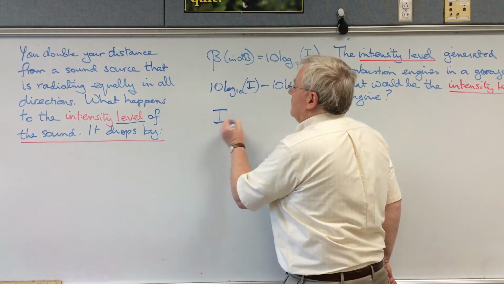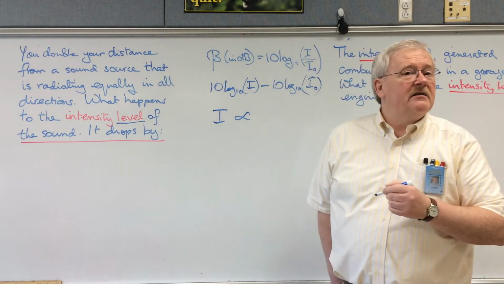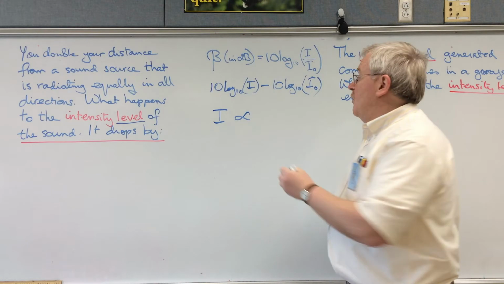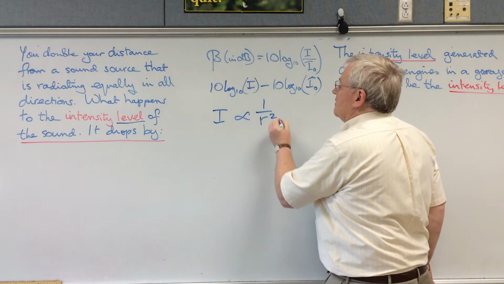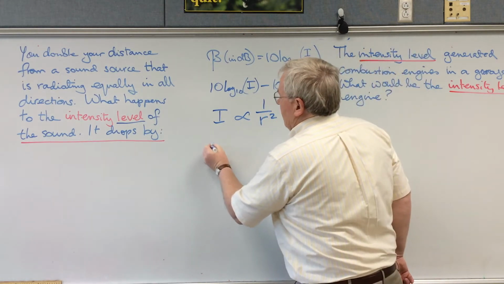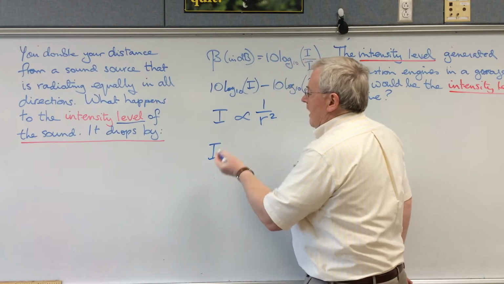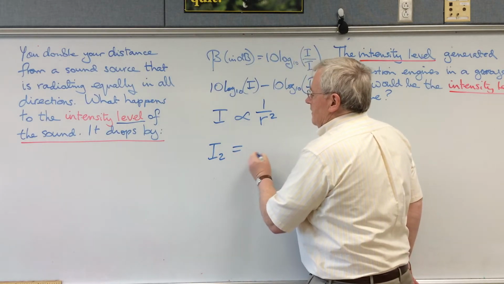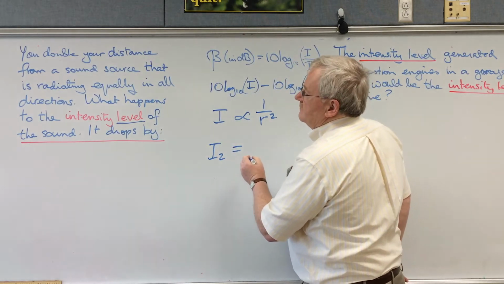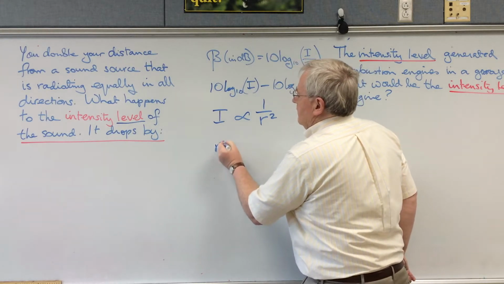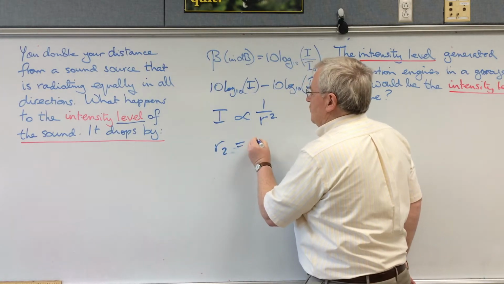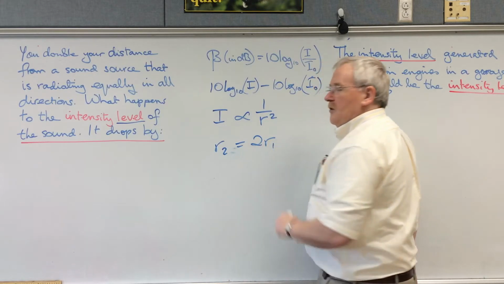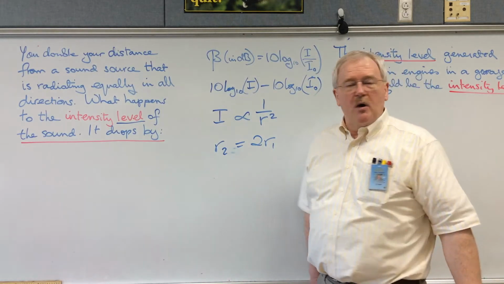We know that intensity follows an inverse square law, 1 over r squared. We know that our second distance is equal to double the first distance, R2 equals 2R1.